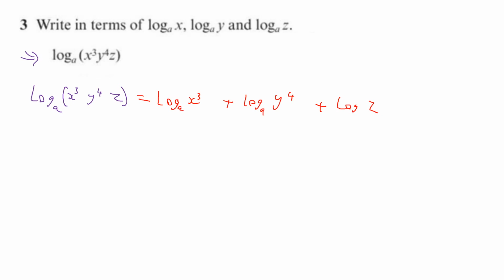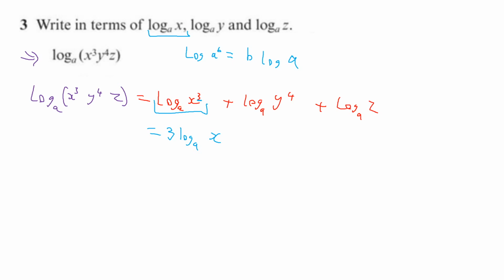All right? Now, how are we going to make this in terms of this? Well, if you guys remember the other log rule that I mentioned, right? Log of a to the b is the same as b times log a, which means we can bring this 3 down to the front, and this is the same as 3 times log x, base a.